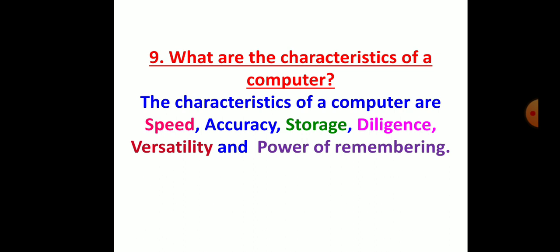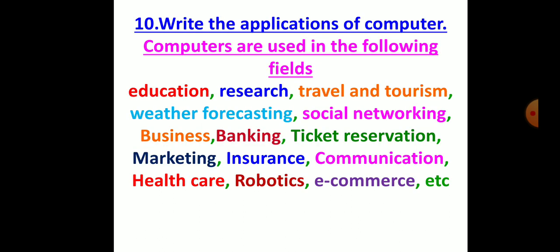What are the characteristics of computer? The characteristics of a computer are speed, accuracy, storage, diligence, versatility, and power of remembering. Write the applications of computer. Computers are used in the following fields.